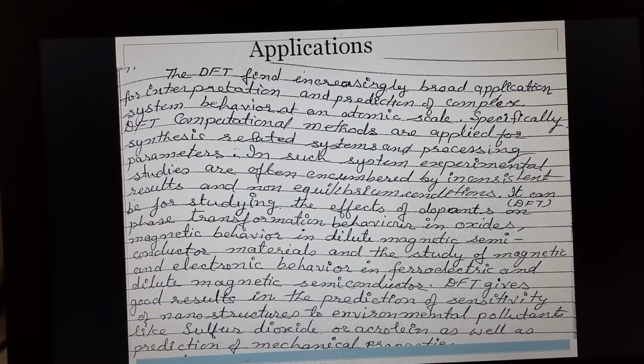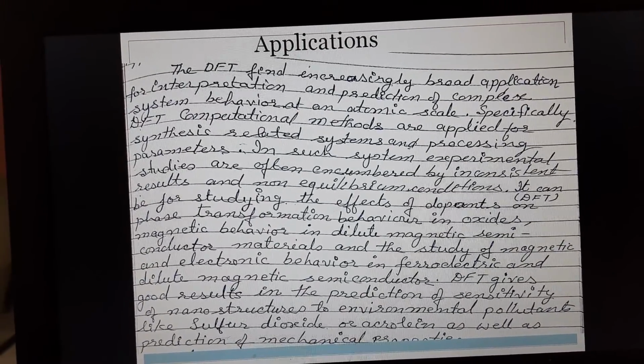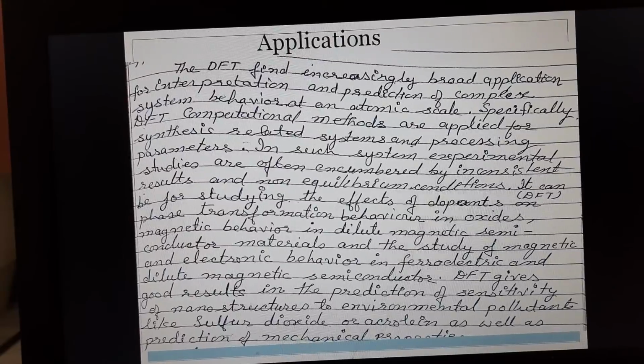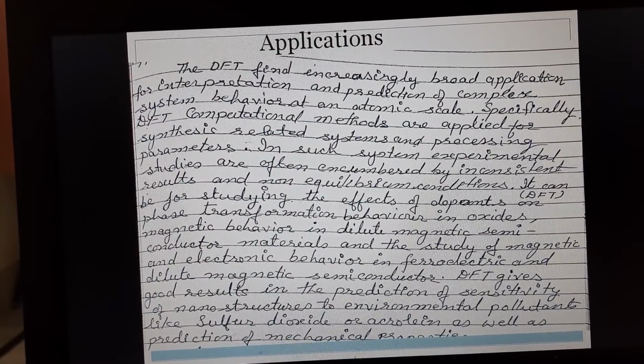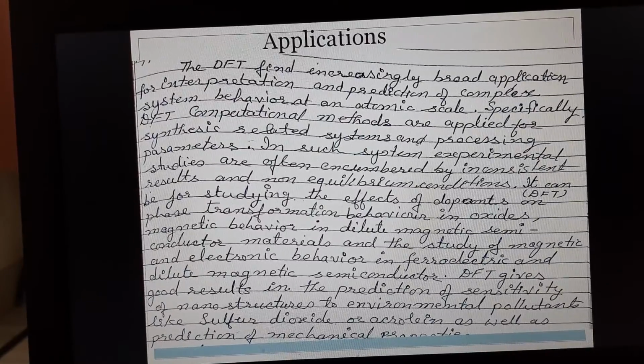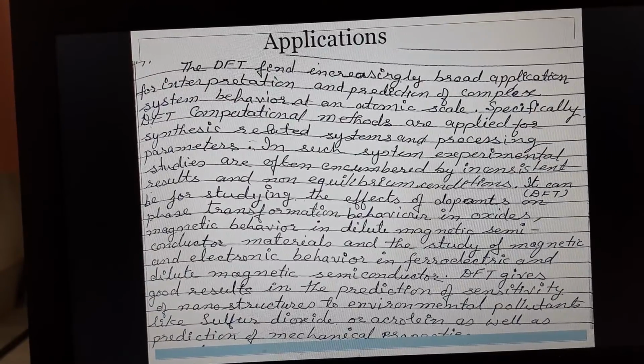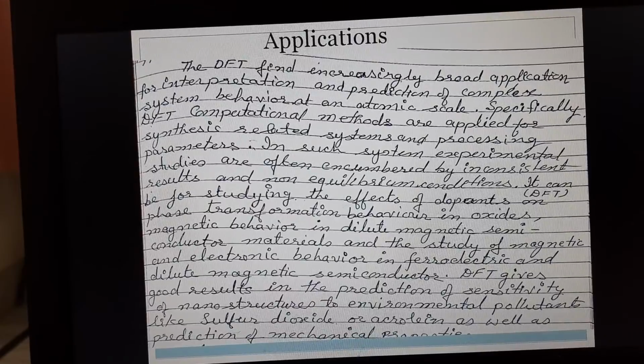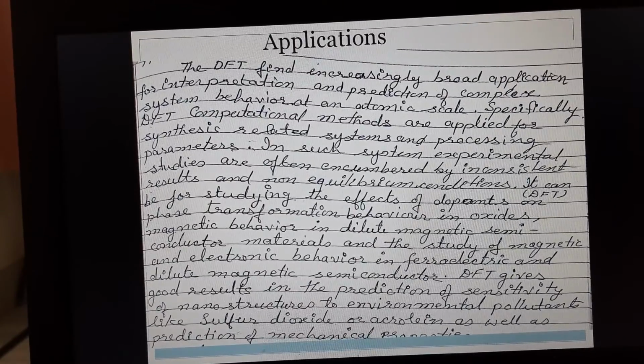In such systems, experimental studies are often encumbered by inconsistent results and non-equilibrium conditions.